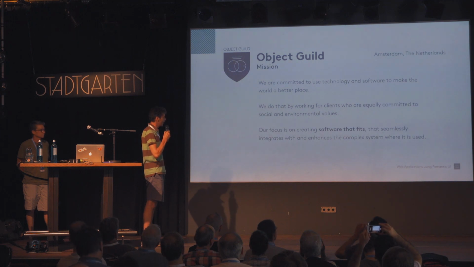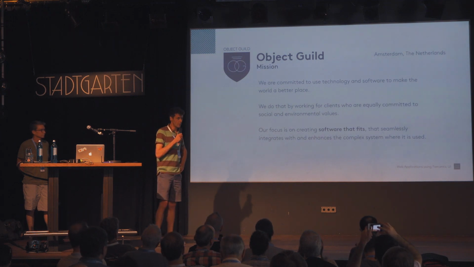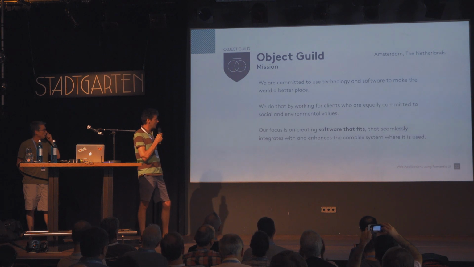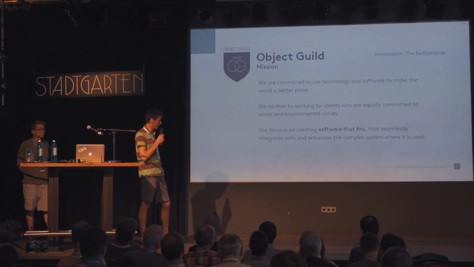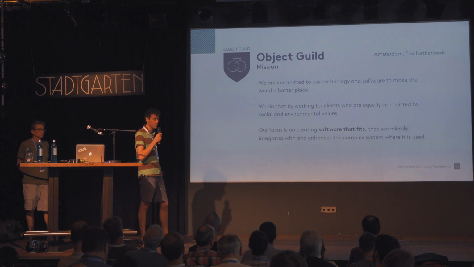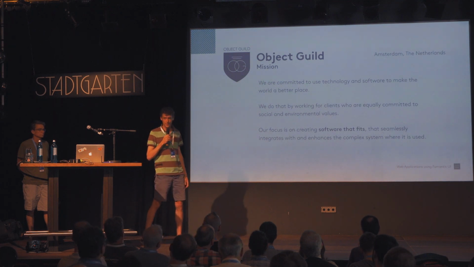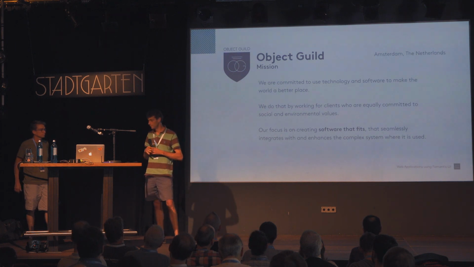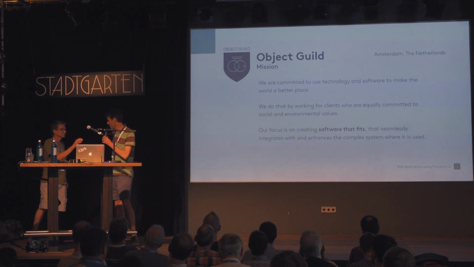And we use a design approach that hopefully, and as we can already see, because we're working for a second client now, is creating software that fits really well with specific organizations and the complex system that they are. I'll hand it over to you for the first part.